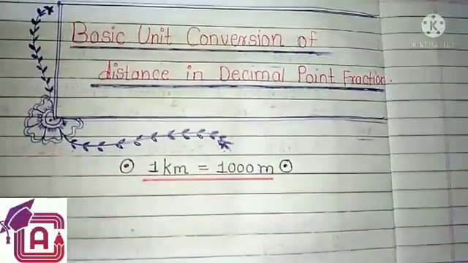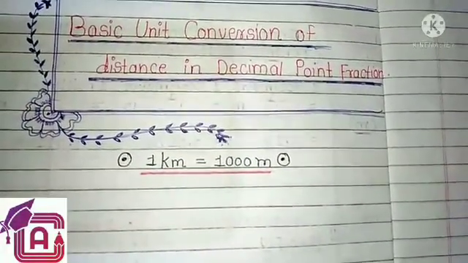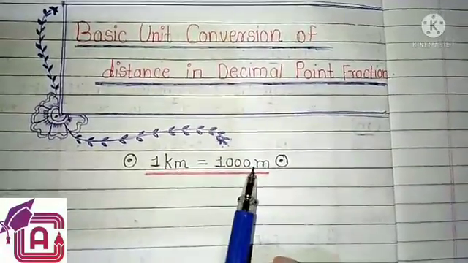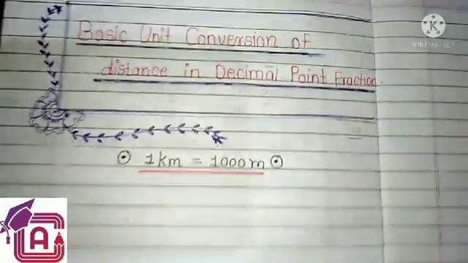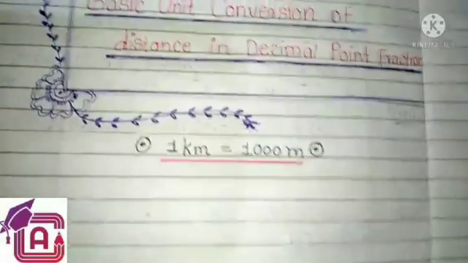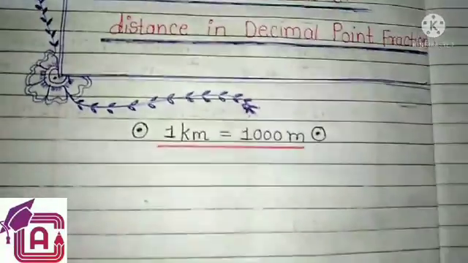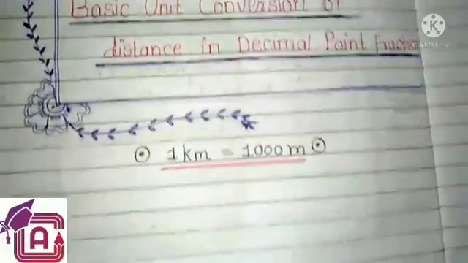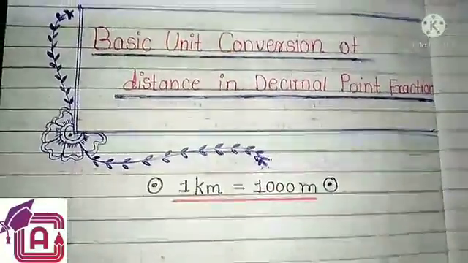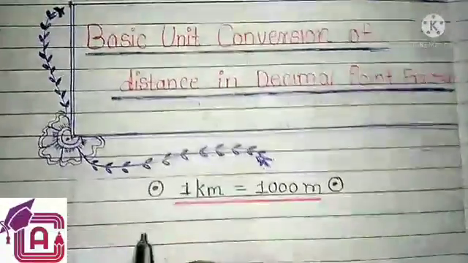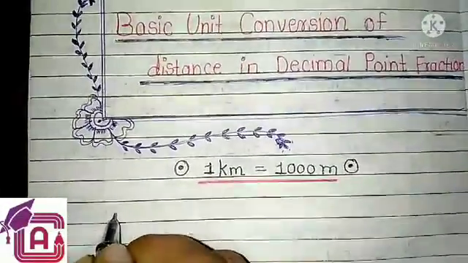Now we are looking at how decimal fractions are used in conversion, or how to write in kilometer and meter terms if a distance is given, or how to convert a given distance in decimal point format. This is a basic thing that we know, that is 1 kilometer is equal to 1000 meters.